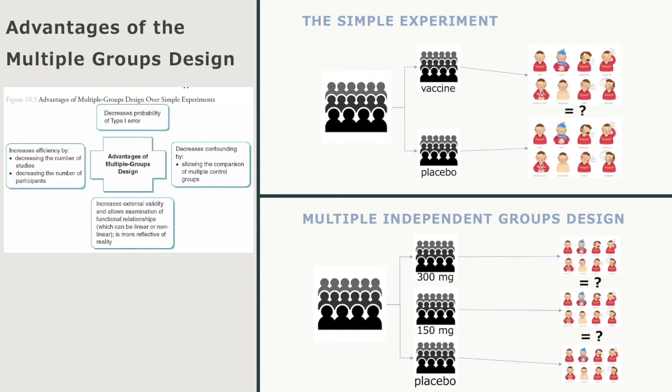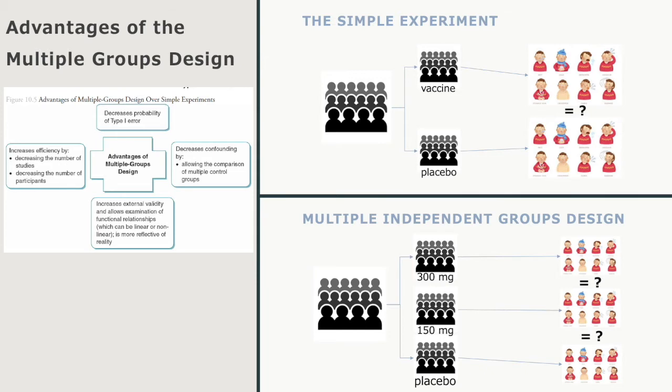So the probability of each one of those experiments being in error, a type 1 error, is 5%. But you've done 3, which means the chance that you made a mistake somewhere along the way is 15%. 5% plus 5% plus 5%. Every time you carry out an experiment, you have an accumulation of that probability of making that type 1 error.